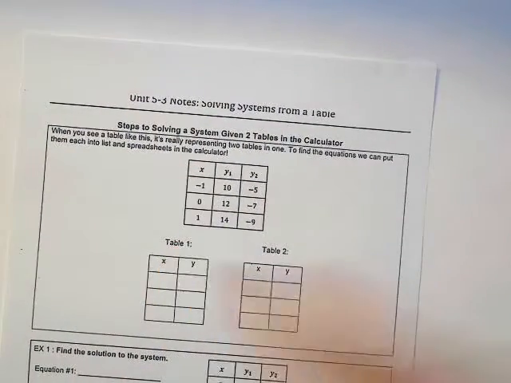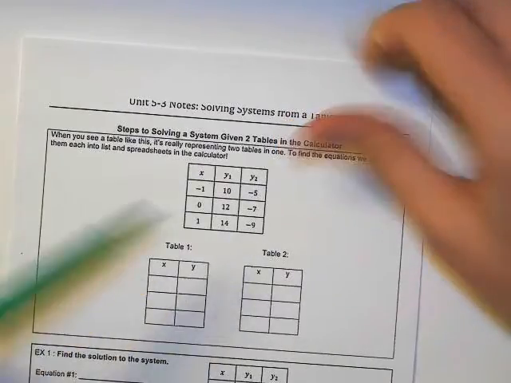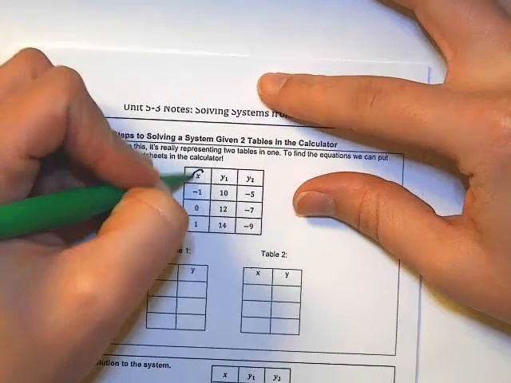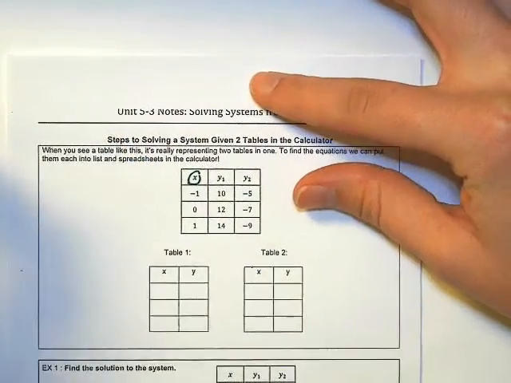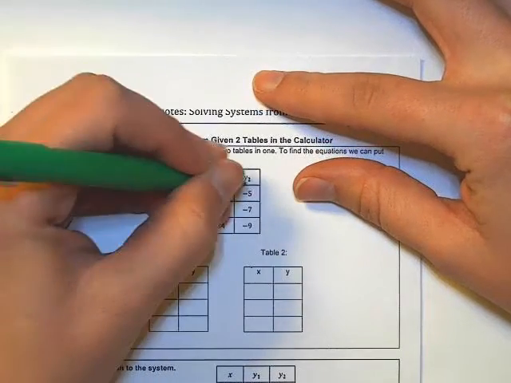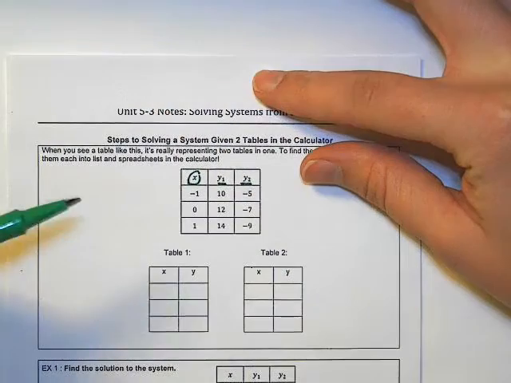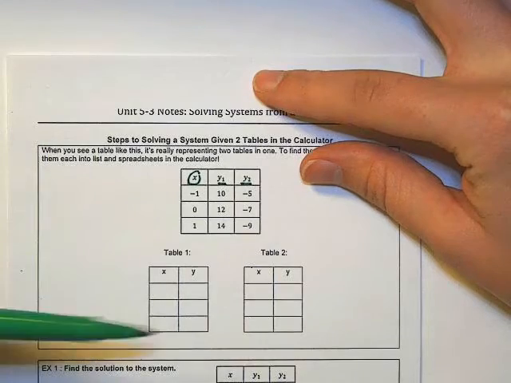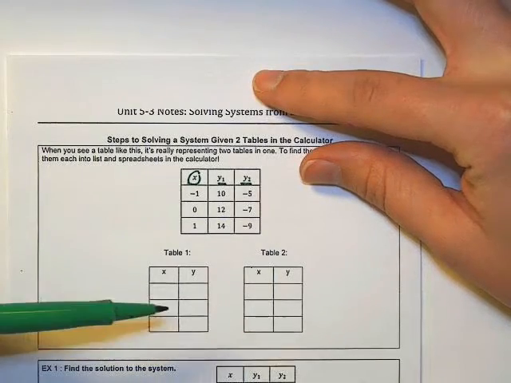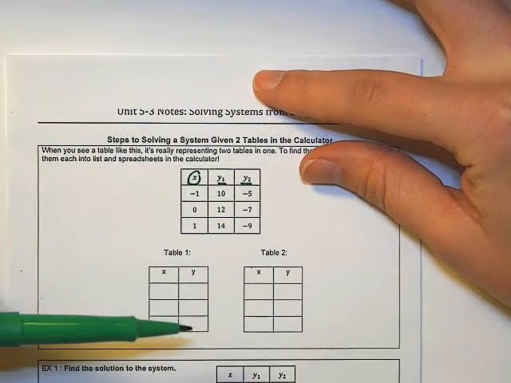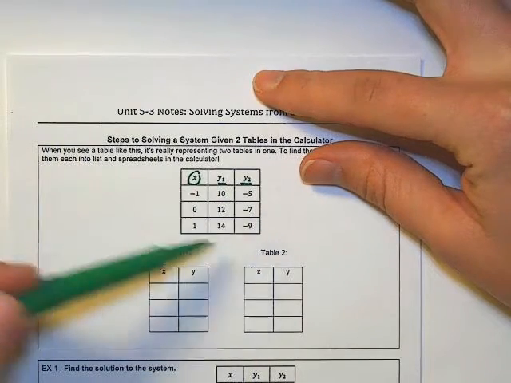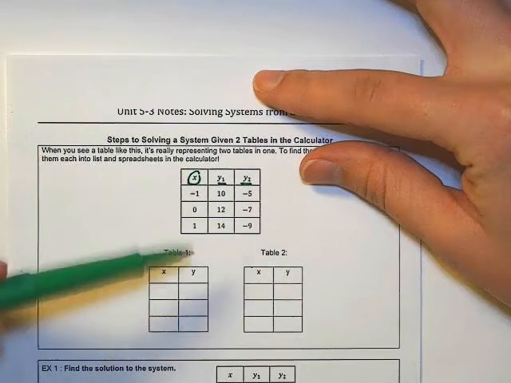Now, see how there's only one x? But how many y's are there? Two. How many tables do I have? Two. So I need to go from this to two different tables. How many x's are listed?